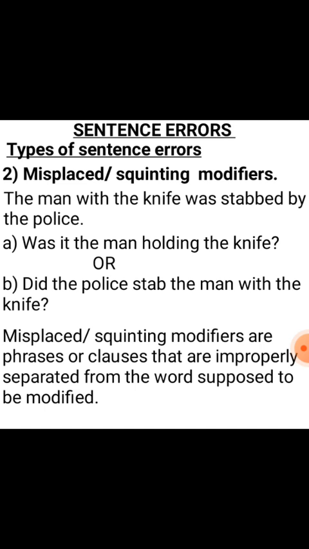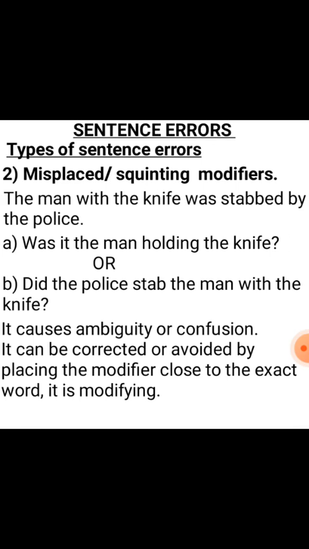Okay, so with this, you can see that it causes ambiguity or confusion. It gives us two sides. We're confused. What is this statement trying to tell us? And it can be corrected or avoided by placing the modifier close to the exact word it is modifying.